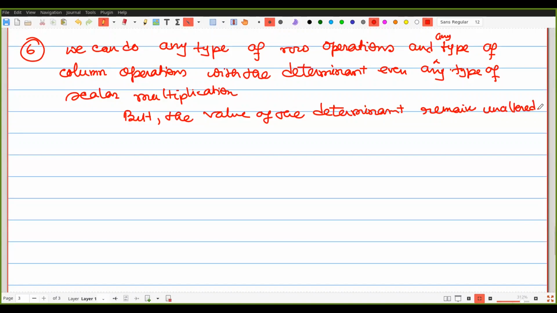Let's check what type of operations we can do. Any type of operations already we have seen.